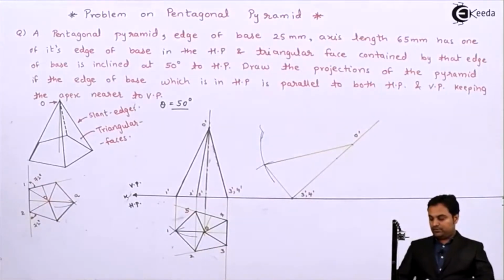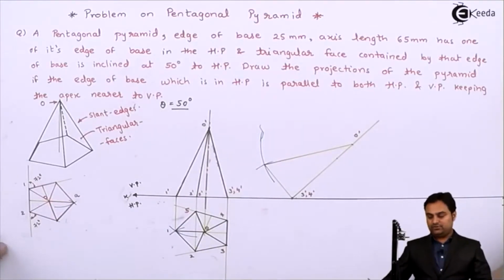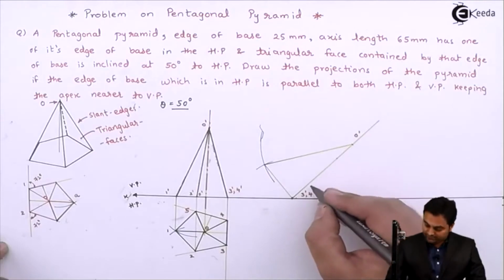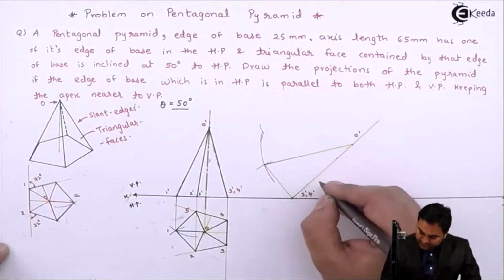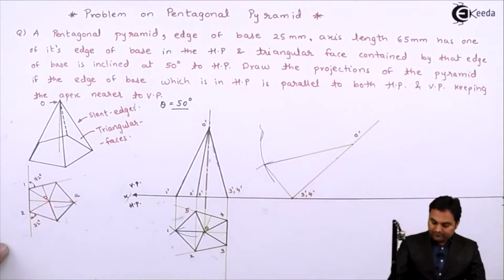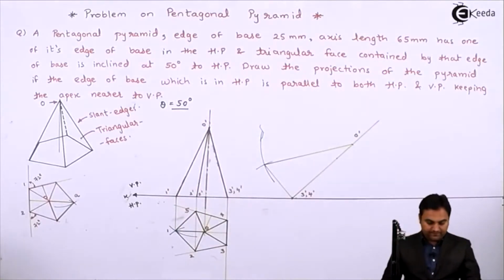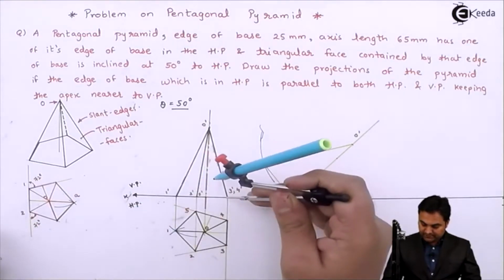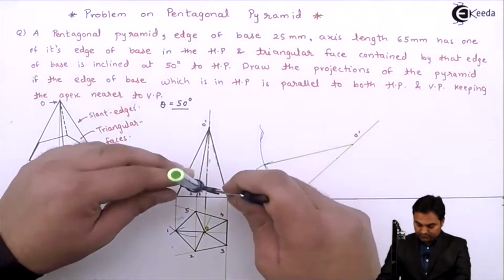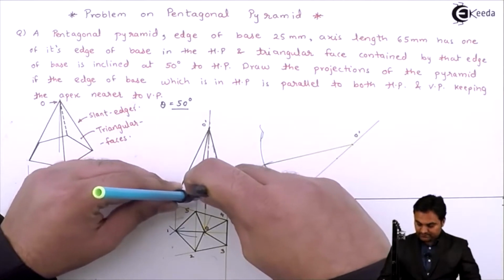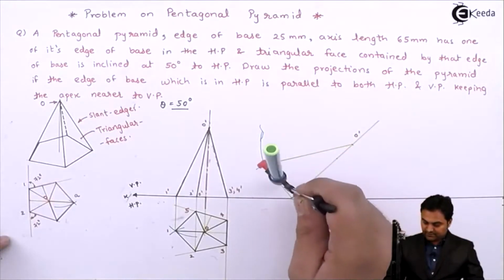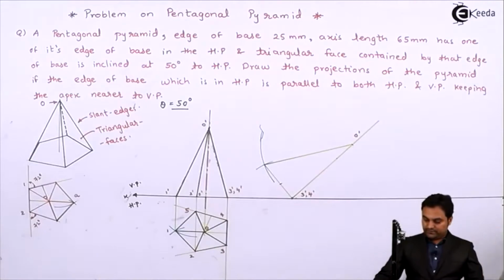And now here if we see, this triangular face is inclined at an angle of 50 degree to HP seen in VP. Then I'll mark the distance of the axis from point 3 dash 4 dash up to this axis. I'll be keeping the distance here and marking over this, giving the notations.